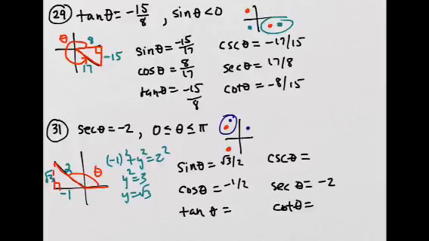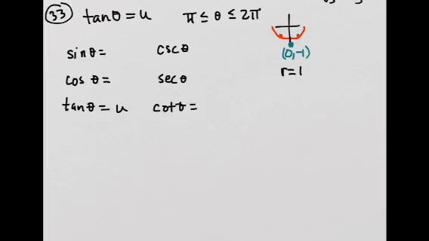Tangent is y over x. Cosecant is the reciprocal of sine, so 2 over radical 3, and we rationalize it, 2 radical 3 over 3. Secant theta was given to you. Cotangent theta, reciprocal of radical 3. There you have it.